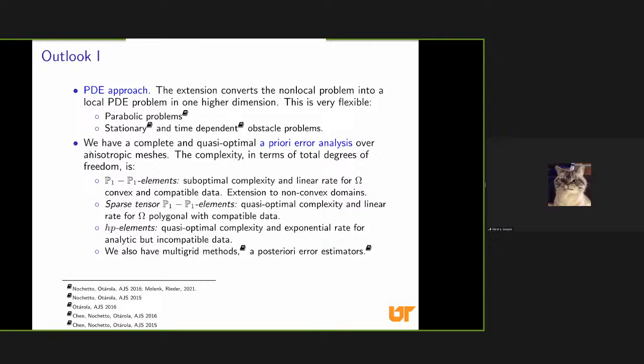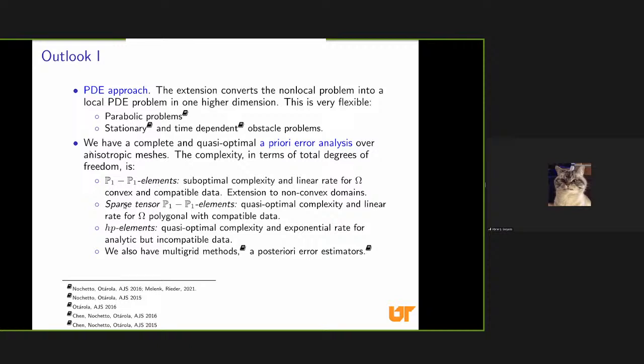I talked, maybe very quickly, about a complete and quasi-optimal a priori error analysis over anisotropic meshes. For instance, if you use P1 finite elements in omega and P1 finite elements in the extended direction, that gives you suboptimal complexity and linear rate.